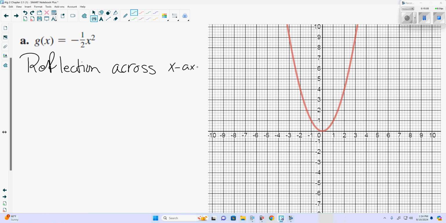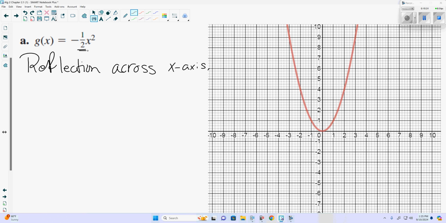Since there are no parentheses, since it's outside the parentheses, it's across the x. So if there's no parentheses, it's understood to be outside. It's across the x-axis. If it's inside parentheses, it's across the y-axis. So the negative is purely about the reflection, especially when we have this multiplication. So the negative x squared is across the x-axis.